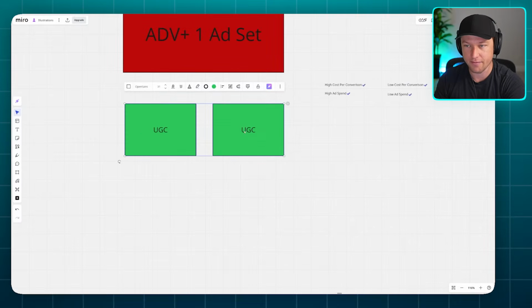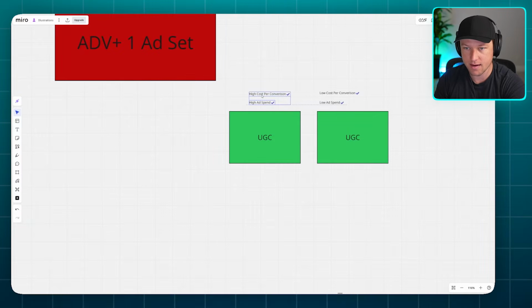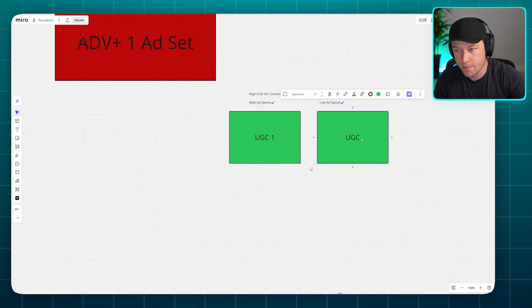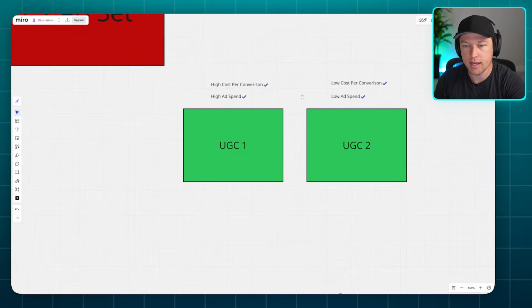So if we have a scenario like this, inside of this UGC we have ad 1 and ad 2, and I'm going to give you a couple of scenarios, so don't worry. In this UGC ad here, we have high cost per conversion and high ad spend. I'm going to compare that to the other UGC, which is low cost per conversion and low ad spend.